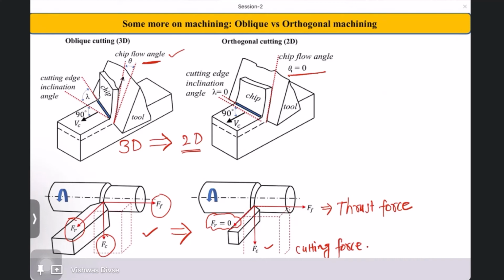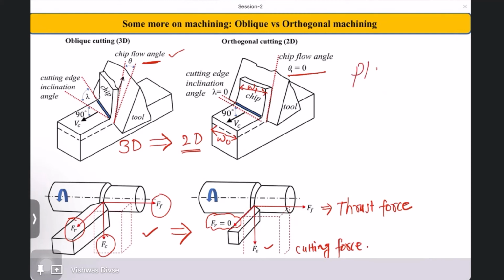Due to this zero chip flow angle, the chip is not deviating at all. So the width of the chip, this width of the chip before and after cutting. So this is after cutting. This is the width after cutting. Let's say I am calling it W1 and this is W0. So this width is not changing at all. As the chip is flowing exactly on the cutting face, there is no strain component acting in that direction.